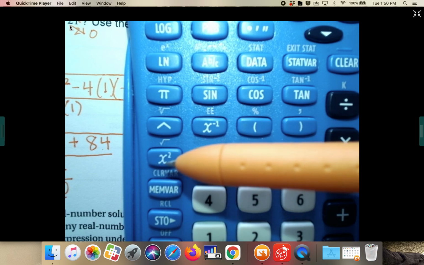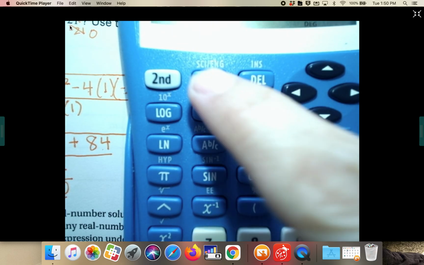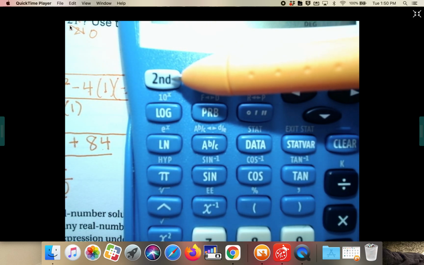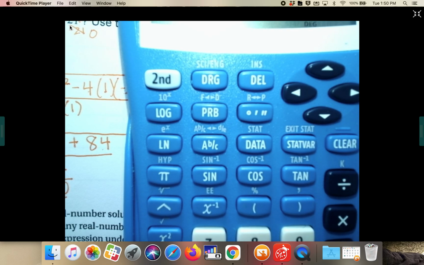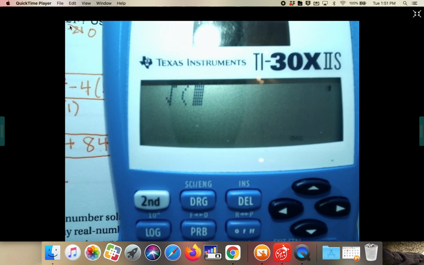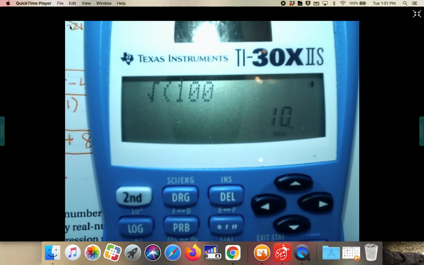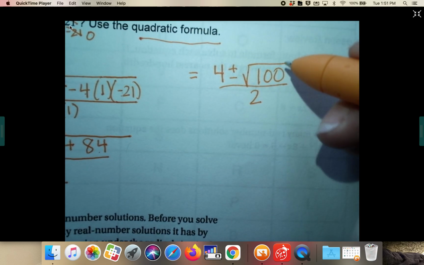So you're going to have to shift to get to the one above. For me, shift is this second button up here. So I'm going to push second and then the square root button, and it turns out like that. The square root of 100 equals 10. Of course it does, because 10 times 10 is 100.